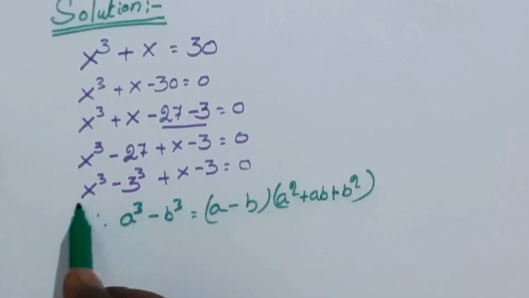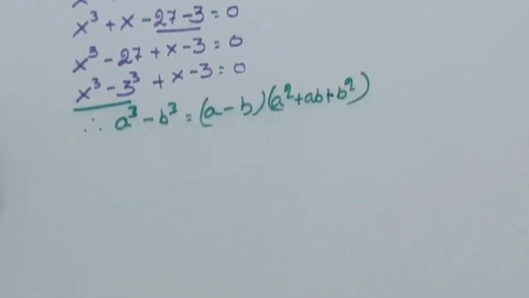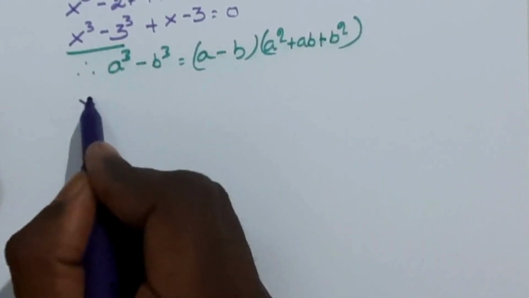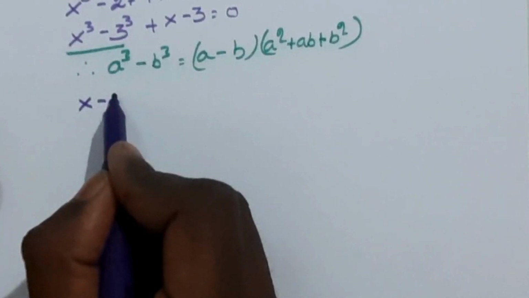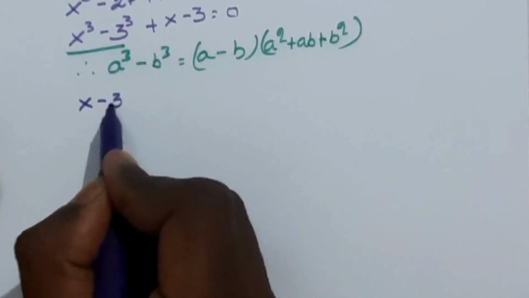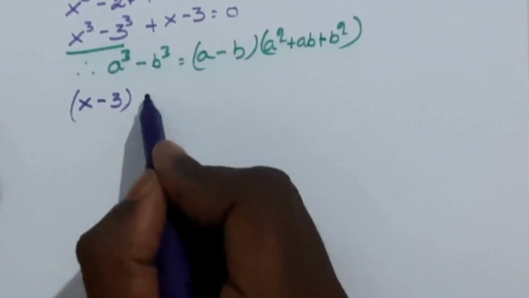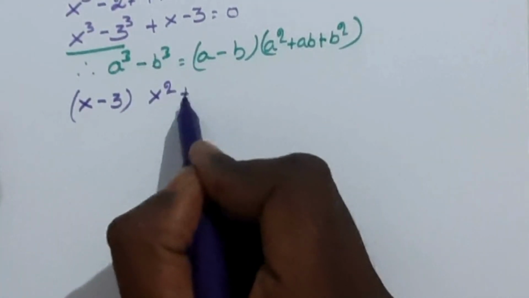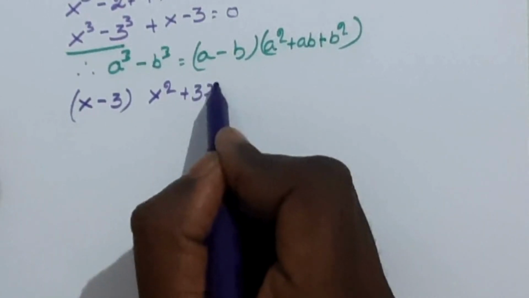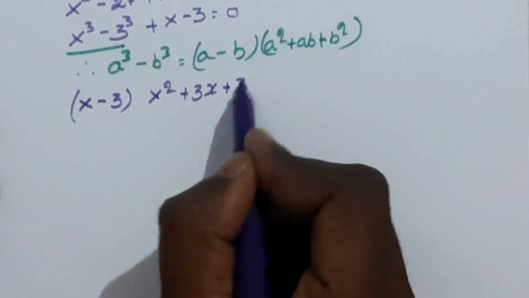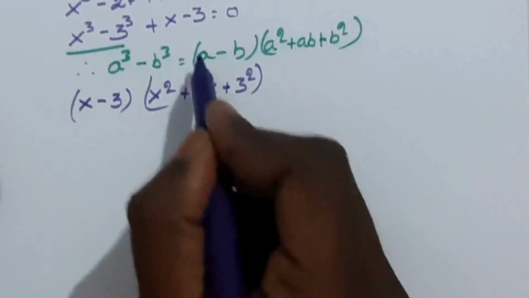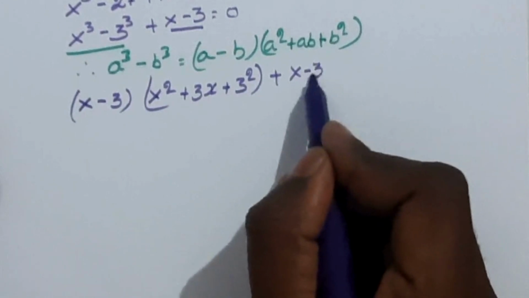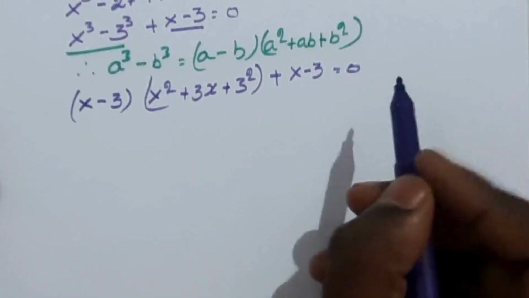This formula we are going to apply here. (x - 3)(x square + 3x + 3 square). This one we have to write plus x - 3 = 0.